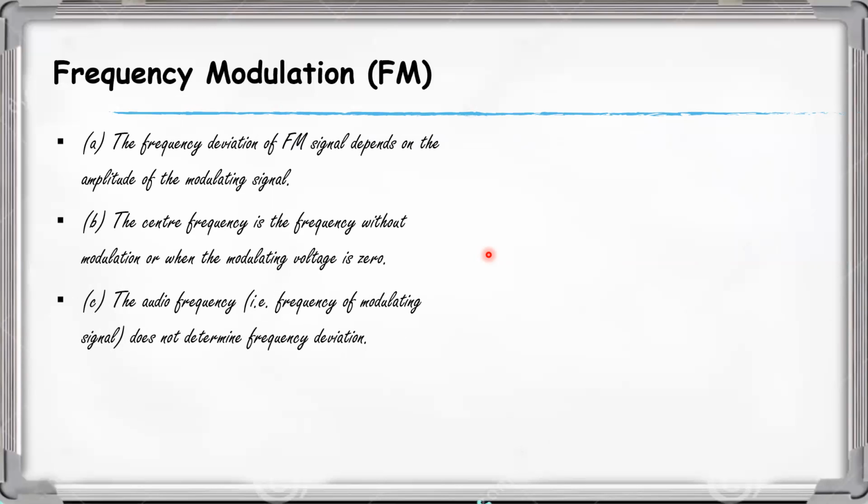And the audio frequency does not determine the frequency deviation. The first point says that the frequency deviation depends on the amplitude of the modulating signal. Frequency deviation means the variation in frequency of the carrier.